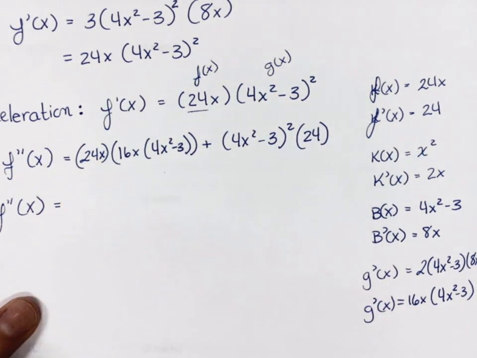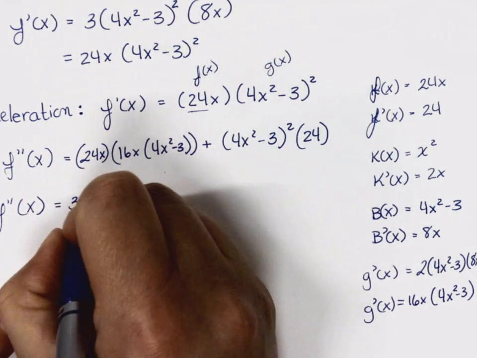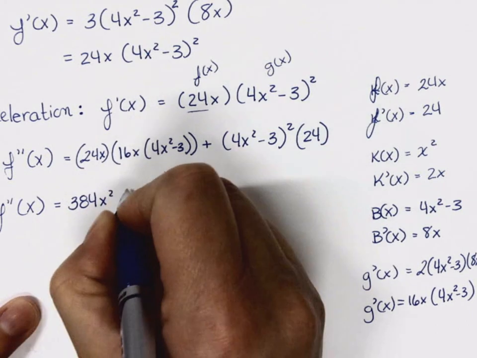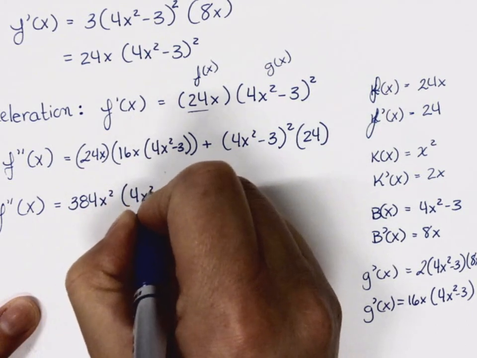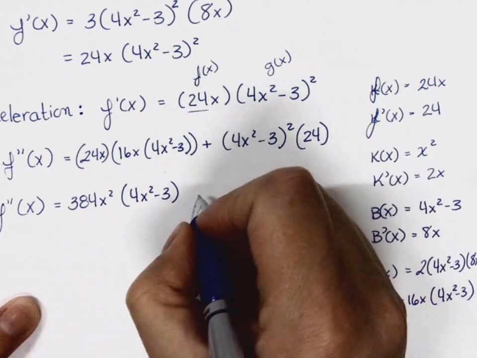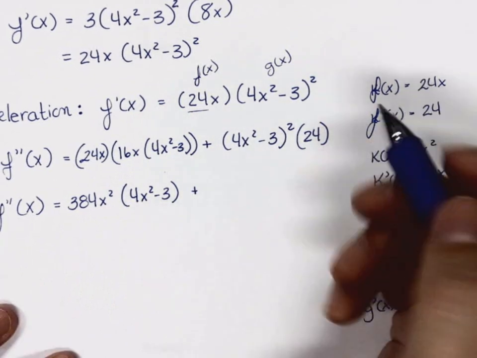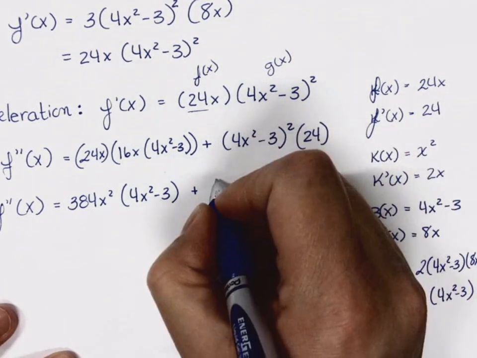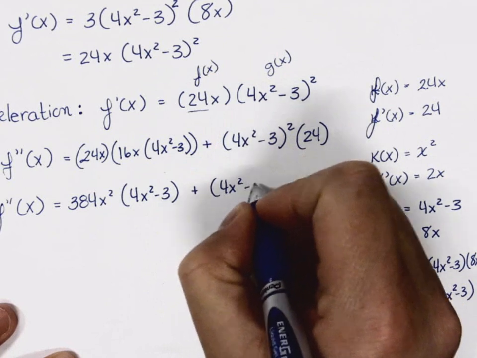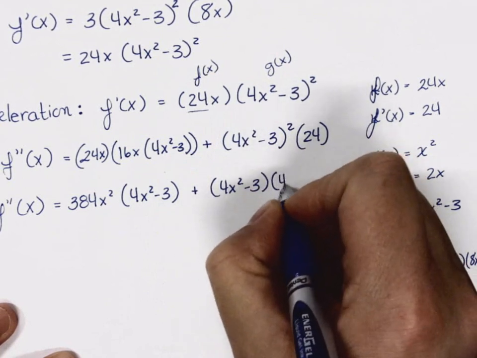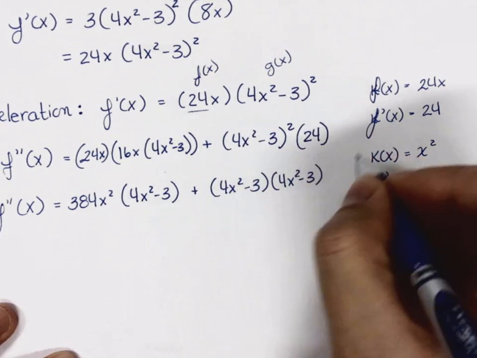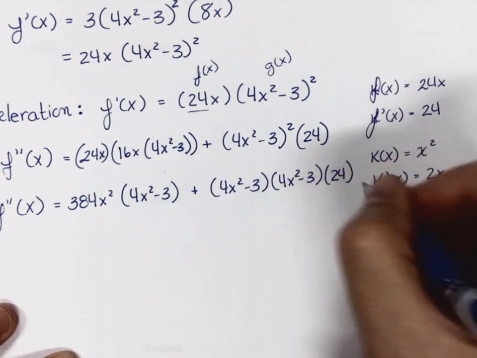So 24 times 16, 384x squared times 4x squared minus 3, plus, and I've got to expand that, so that's going to be 4x squared minus 3 times 4x squared minus 3 times 24.